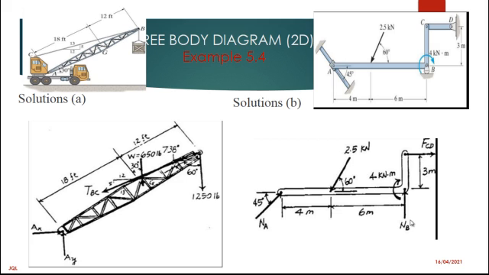This one is simply showing us that instead of including the reactions that are coming between the wheel and the surface of the road, you can as well isolate the boom itself, where we have been told that there's a pin connection, depending on what you have been given.